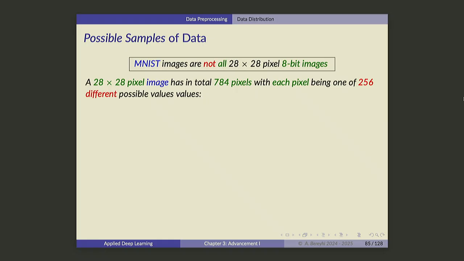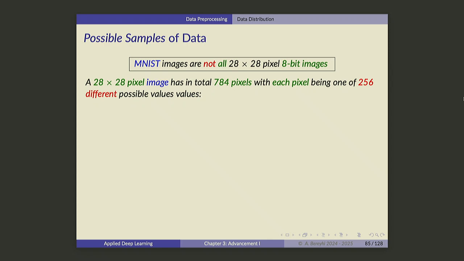Can you count it? If I have a 1-pixel image, just 1 pixel, how many 8-bit 1-pixel images do I have? 256, because that one pixel could be 0, 1, 2, up to 255.